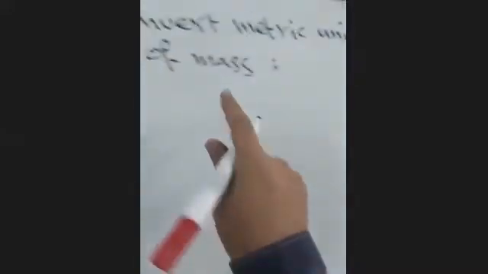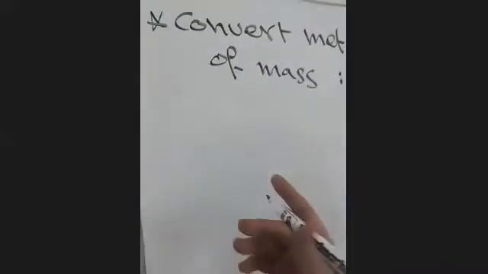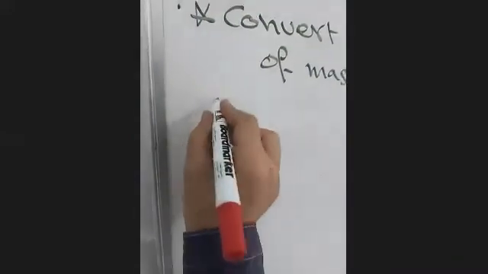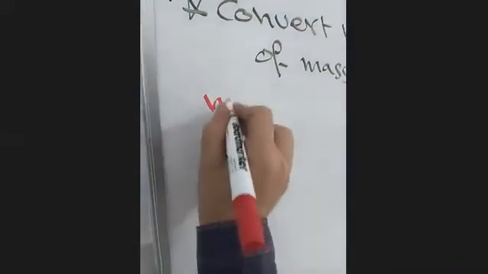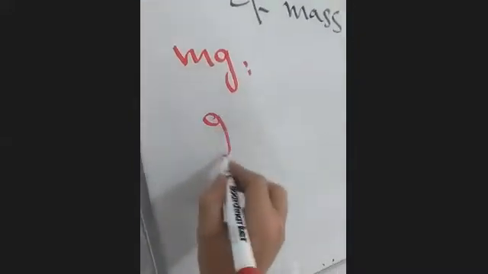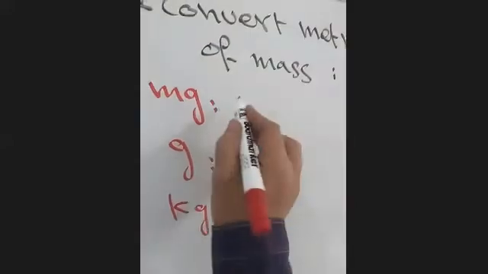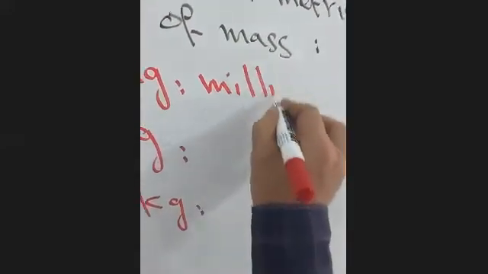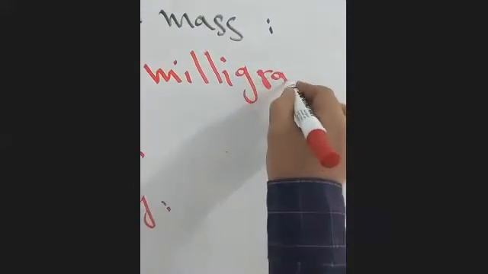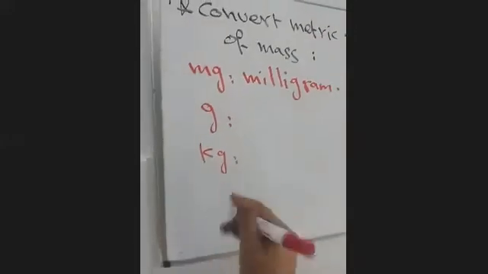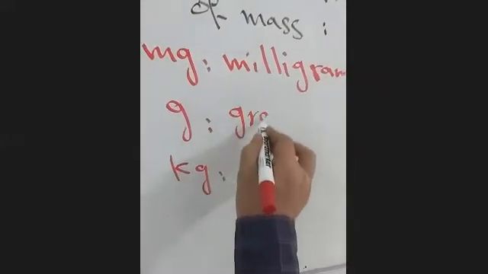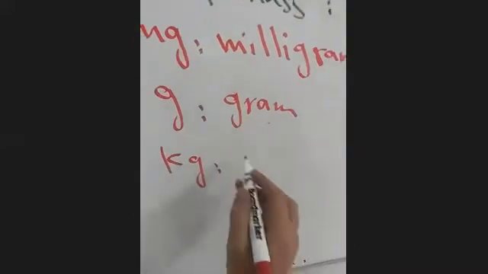Today we'll take metric units of mass, which are 3 units: mg, g, and kg. mg means milligram, g means gram, and kg means kilogram.